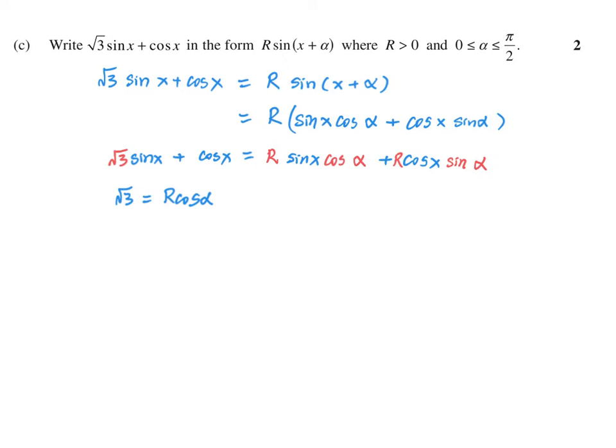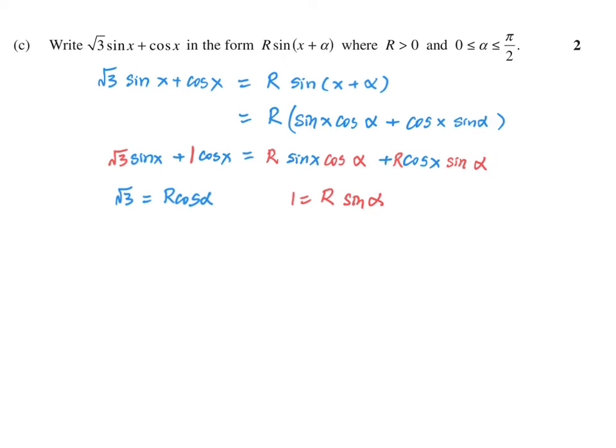Similarly, the cosine x part should be exactly the same. But on the left-hand side there is only cosine x, while on the right-hand side, other than cosine x, we have R sine alpha. Actually, the cosine x on the left-hand side means 1 cosine x. And therefore, we have 1 equals R sine alpha.